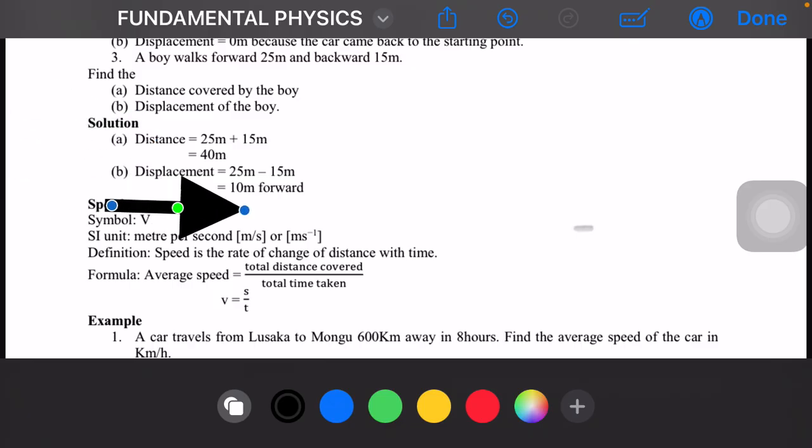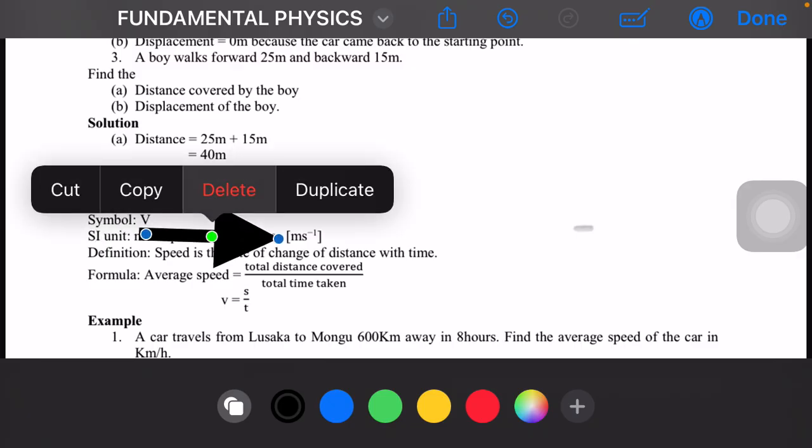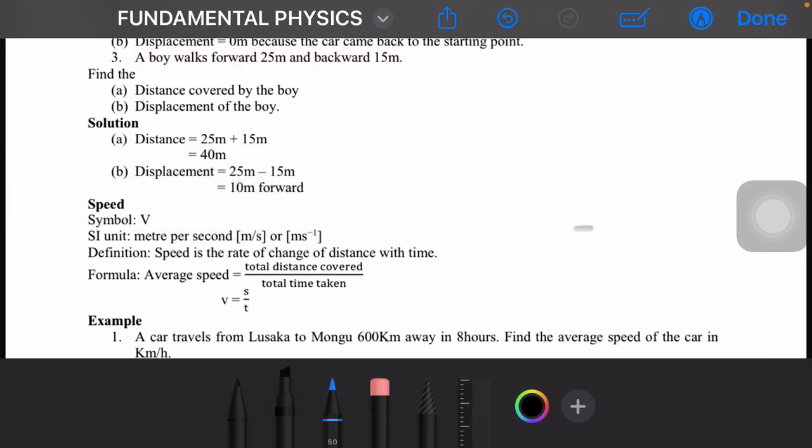But for displacement, if you think of it as a number line, you notice that the boy walks forward. Forward is on the right hand side, and on the right hand side numbers are positive. Let me draw the number line here.